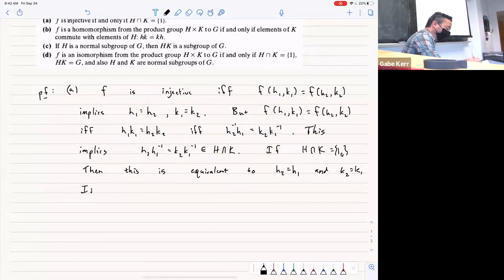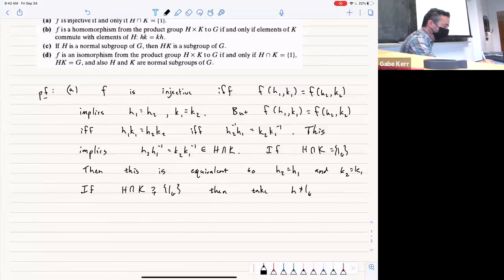If, on the other hand, H intersect K is bigger, so it strictly contains 1, then we can take an element not equal to 1. Maybe we shouldn't call it H, let's call it A, in the intersection.